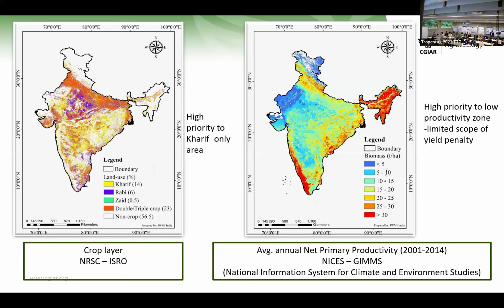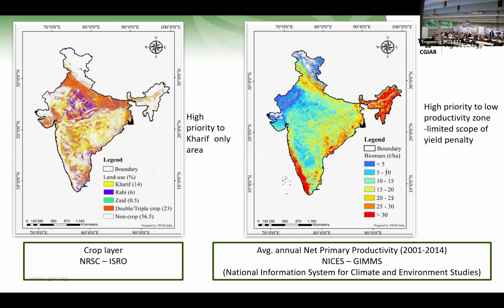And if you look at it, government's priority is always ensuring food security. They are not focused on natural farming. Their primary focus is to make sure that everybody is fed. It doesn't matter where it comes from. So government's priority is always on regions where net primary productivity is higher, which is 30 tons, these regions here.